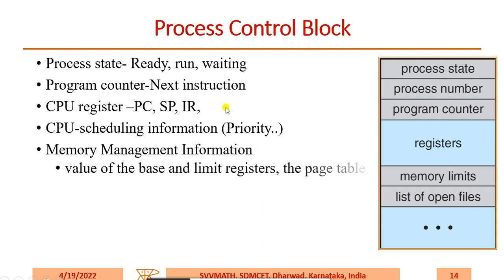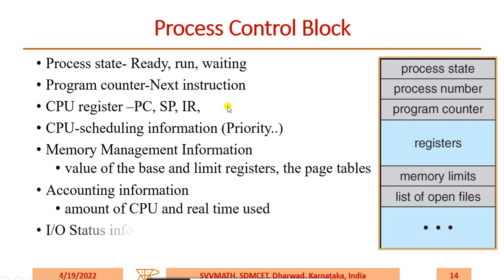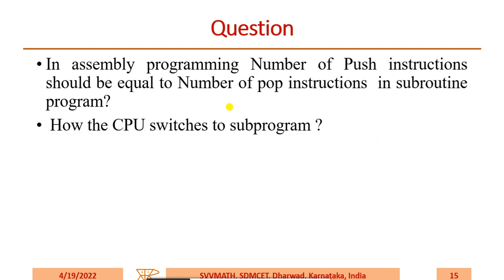Such as the base and limit registers, the page tables, accounting information, amount of CPU used, and IO status information. All these will be available in the process control block. And remember, each and every process will have one process control block, where all the information will be available.